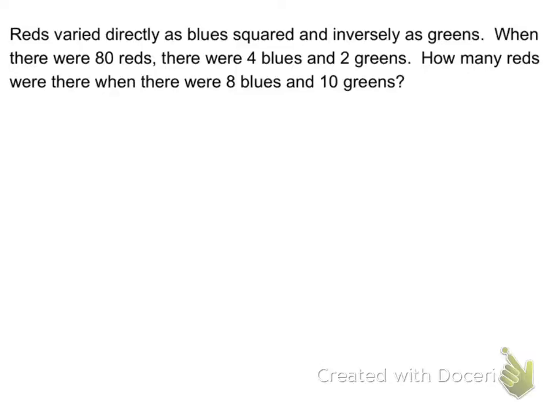What does it mean to be reds varied directly? Well, you know then it's going to be R equals, and you're talking about variation, so there's a constant. It's directly as blues squared. So therefore, it's going to be R equals k b squared.